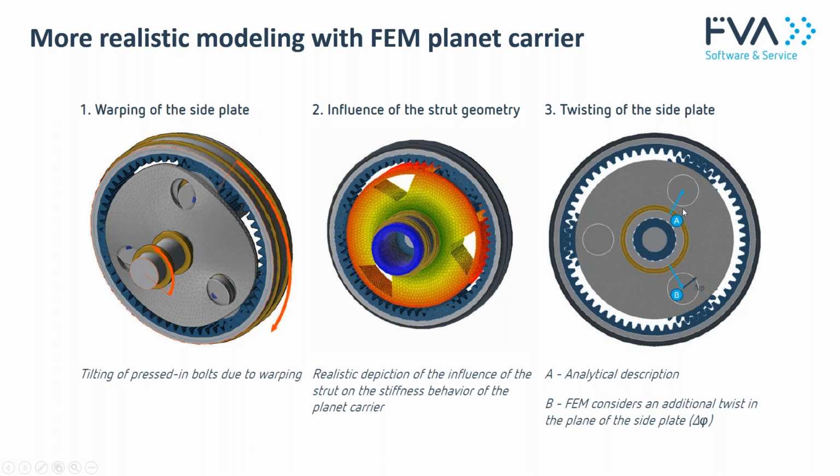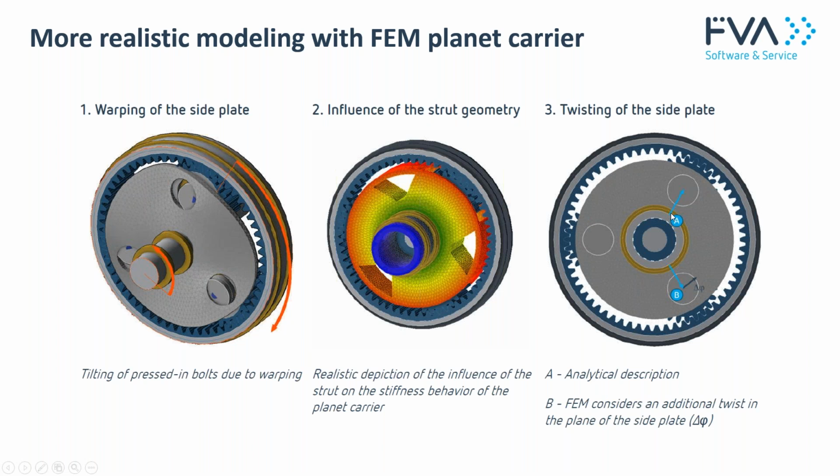The third thing comes from the modeling of the stem shaft on which the side plate is mounted. In the purely analytical modeling, we couple the stem shaft and the coupling to the planet pin rigidly with a rigid lever.